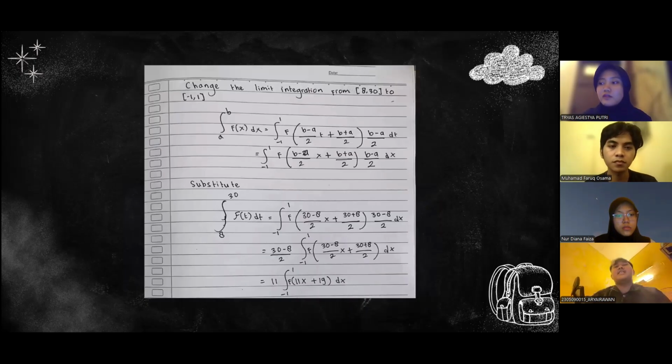Okay, next. First we convert the integration limits from 8 and 13 to -1 until 1 using the general formula.